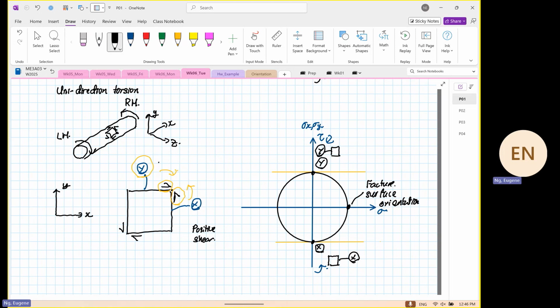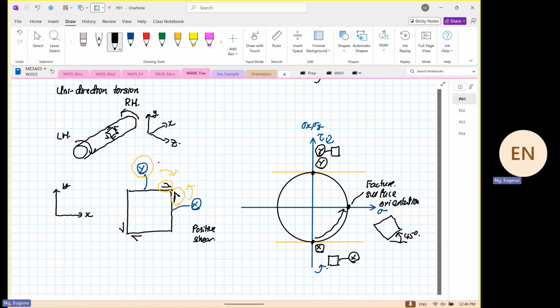So the fracture direction, if we bring it back to the fracture surface, is going to rotate by 45 degrees anti-clockwise. It's going to rotate itself by 45 degrees.